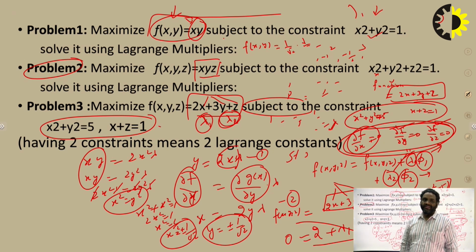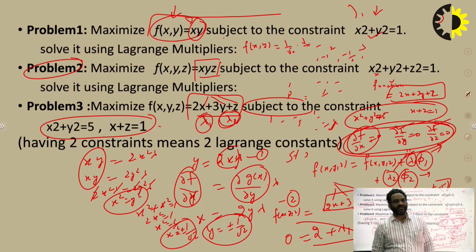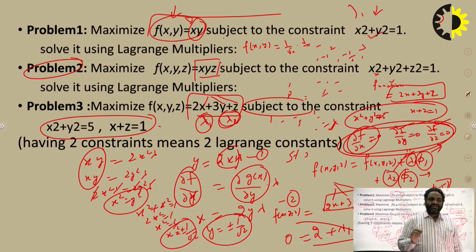So in these three examples, after getting the solution of these three problems, you are able to find the optimal solution of each given function or objective function under a number of constraints. Thank you.